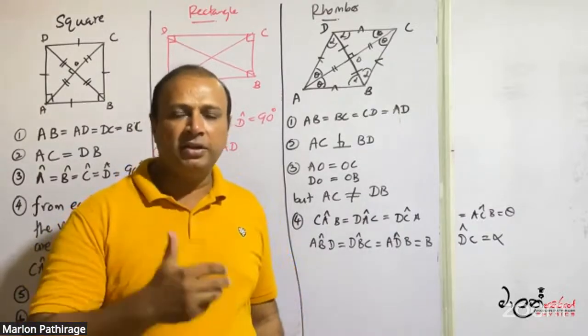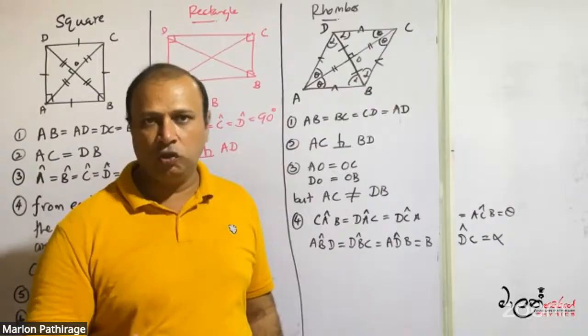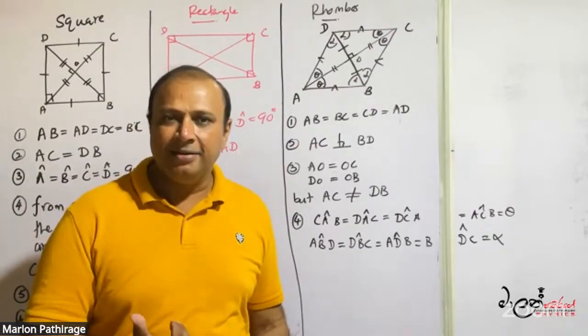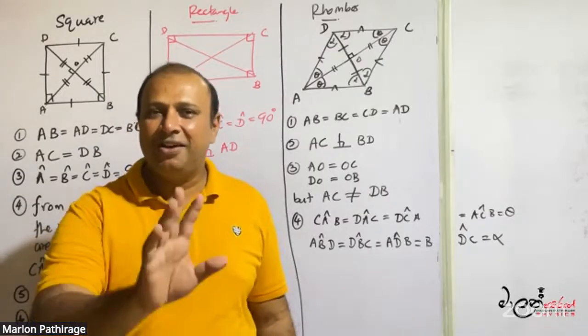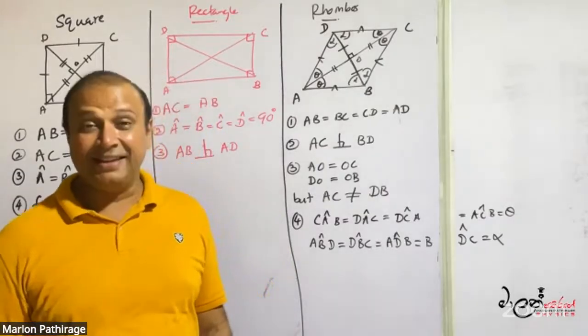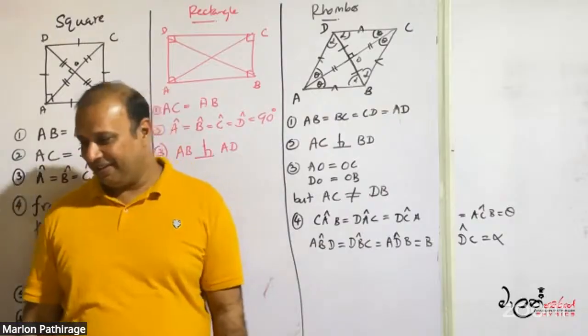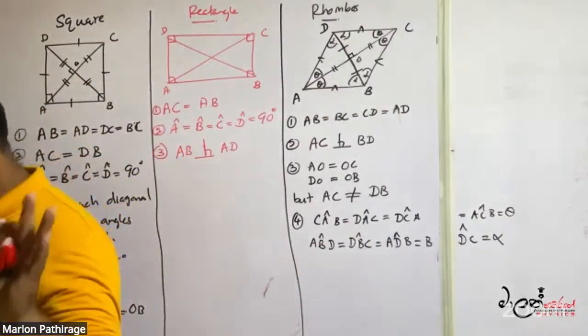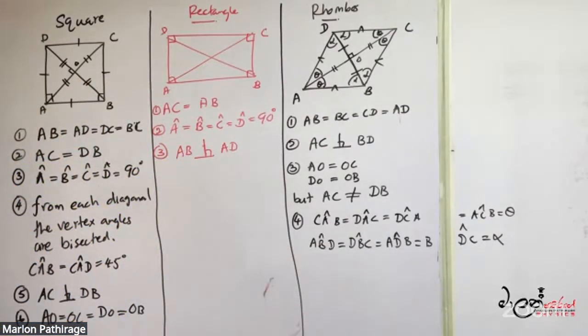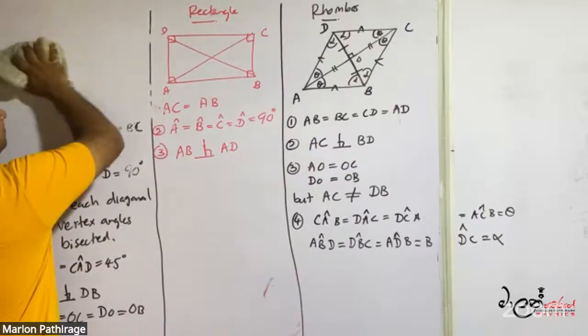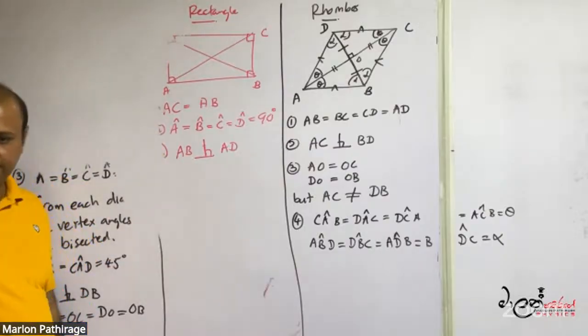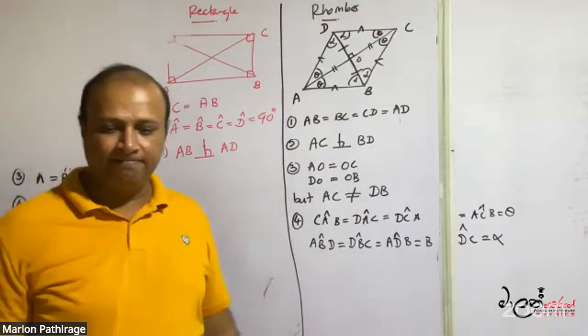Once you determine what kind of geometrical figure it is, then using those properties, you can give the answers without any calculations. That is the most important thing. Okay, do you get my explanation?